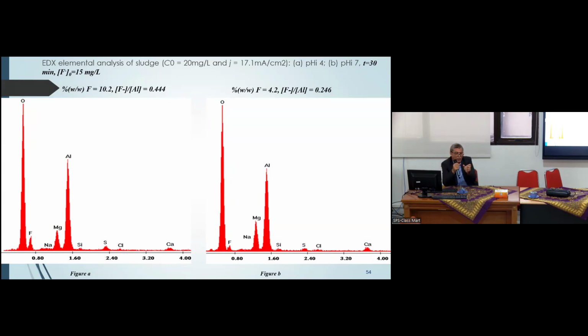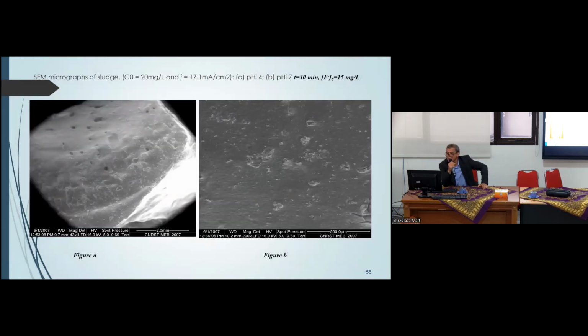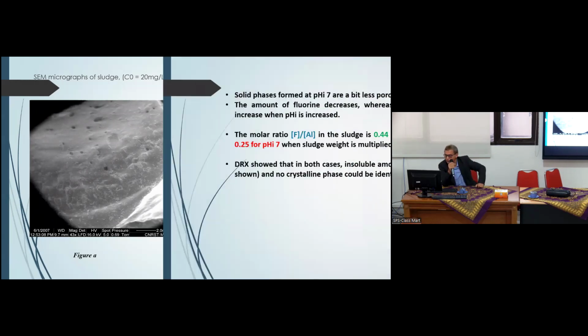Even with a little amount of sludge, we remove more than when we have a large amount of sludge. That is the surprising result. And we also have the texture of the sludge. We have a difference between pH 4 and pH 7.